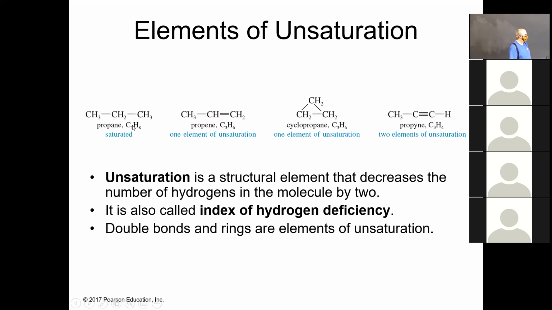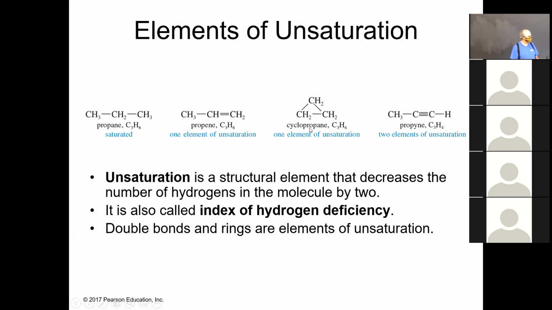So propane is a saturated hydrocarbon. The ratio of hydrogen to carbon is 2n plus 2 to n. Every time you have a double bond, you lose 2 hydrogens. So we call that one element of unsaturation, or it's also called index of hydrogen deficiency, or I sometimes call it UU, unsaturation units.